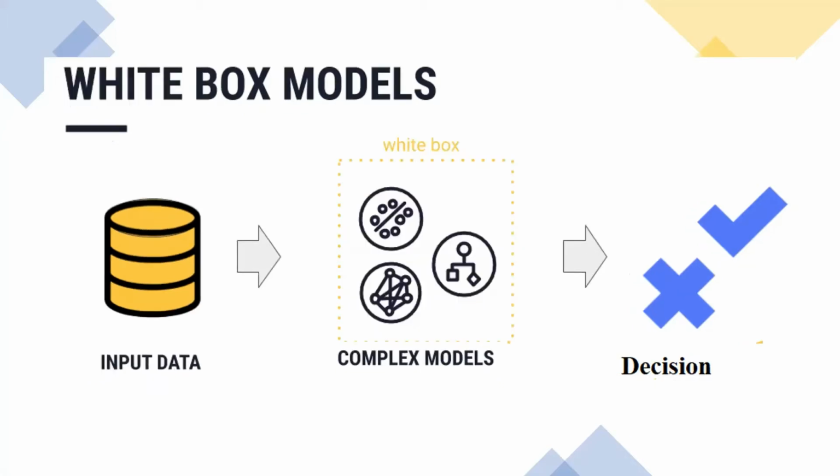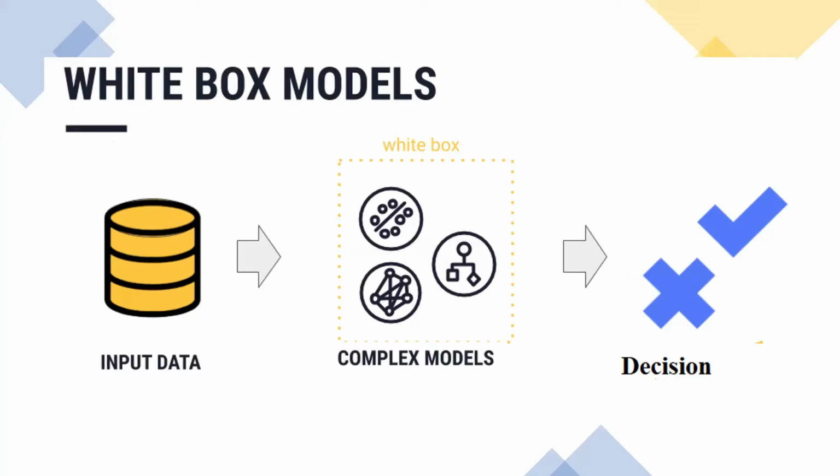Whereas the other type of models, such as the white box model, is like a transparent model, so that I will be able to know what exactly is happening inside my model, which means that I will be able to know why a particular decision has been made.